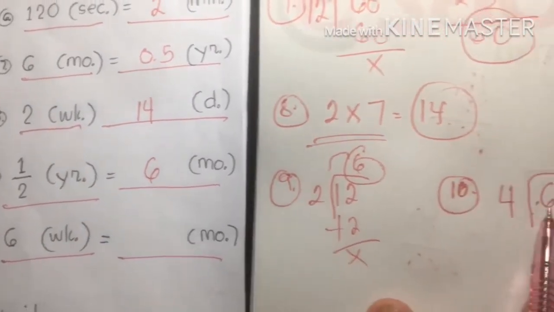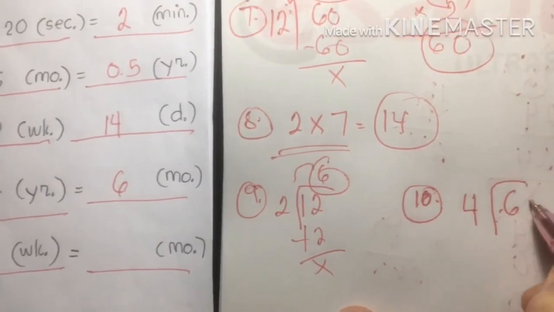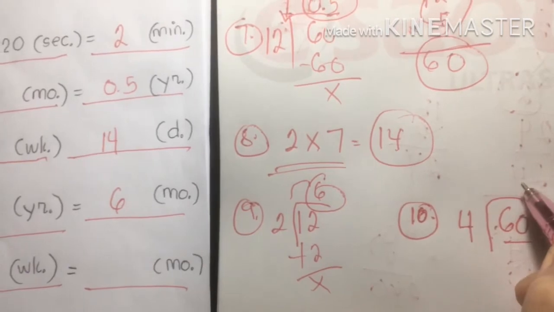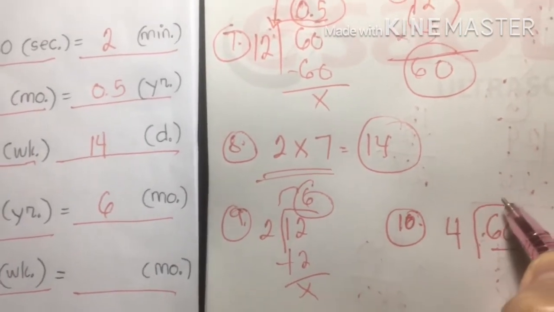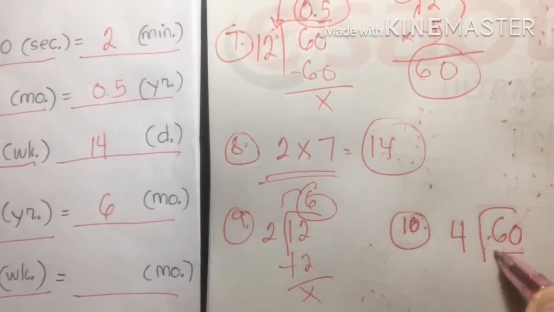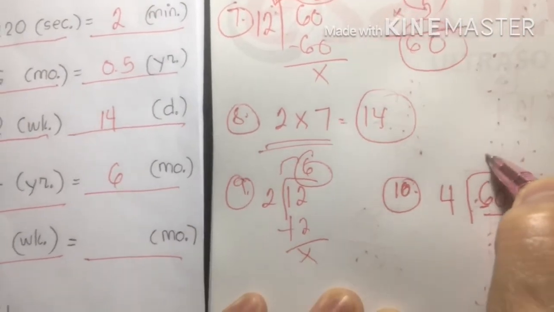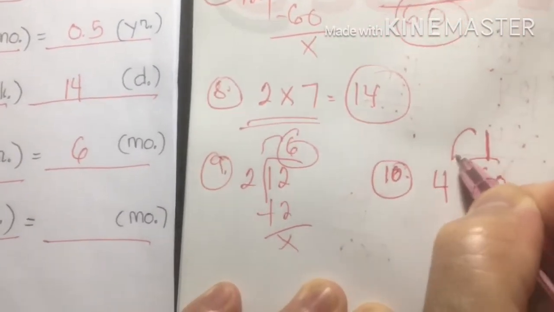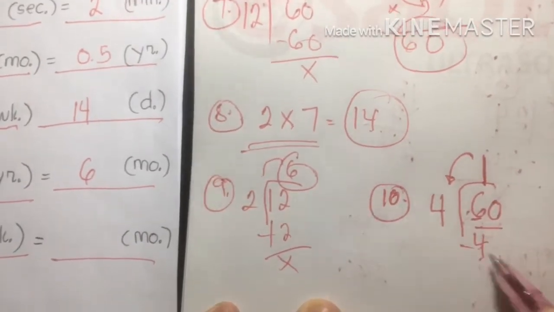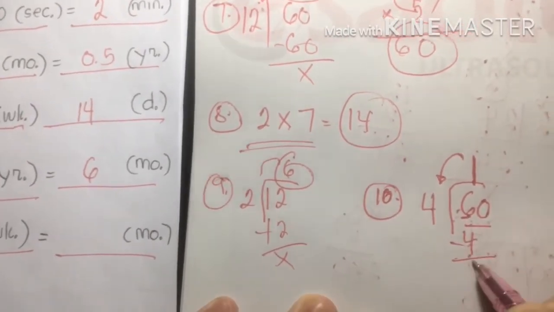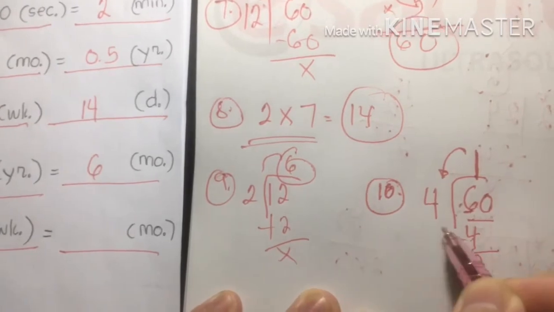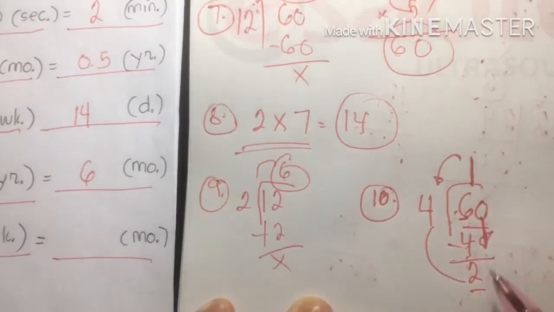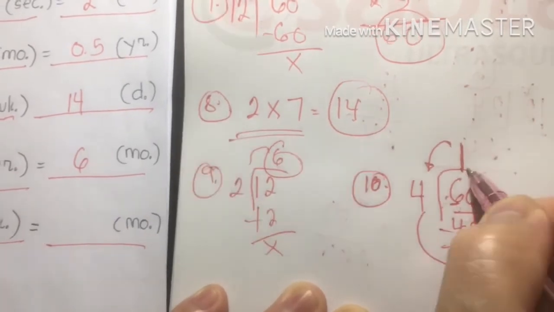So 6 divided by 4. Since 6 cannot be divided by 4 evenly, we add 0 to make it 60. So 6 divided by 4 gives 1, times 4 is 4. So 6 minus 4, we have 2. So 2 divided by 4 cannot be, that's why I add 0. So 20 divided by 4 is 5.